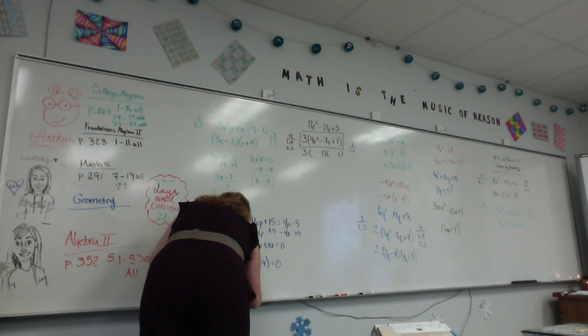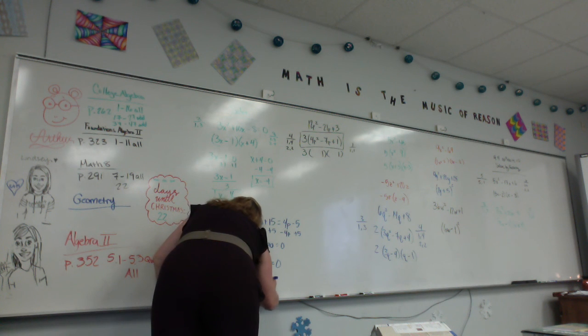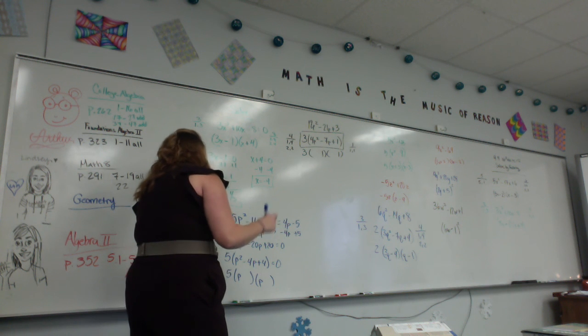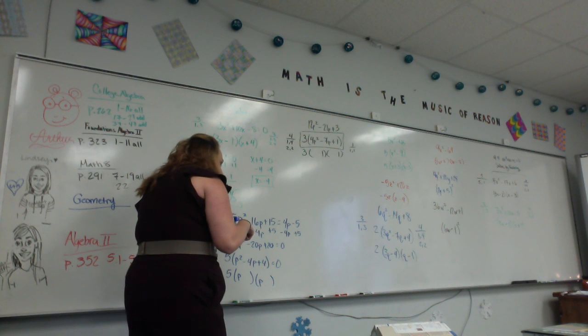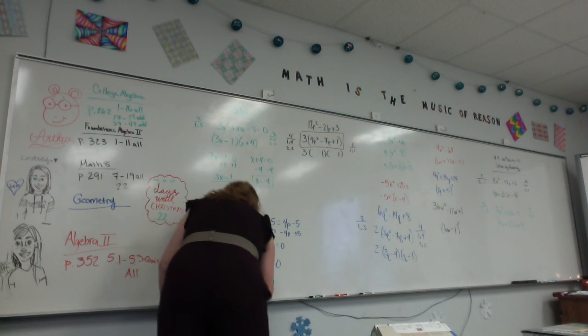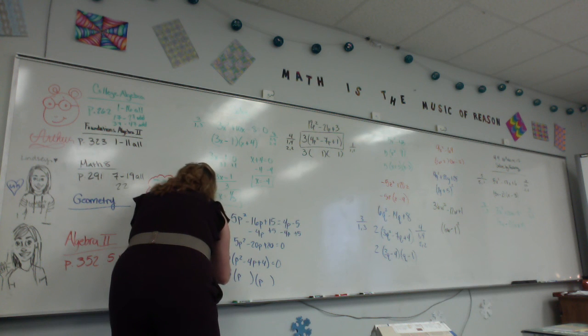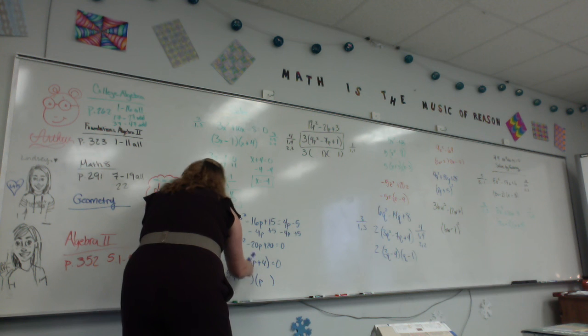So I have 5, and I have p, and I have p, because this one's easier. What multiplies to give me 4 and adds to give me negative 4? Negative 1, negative 1, negative 4? Nope. If I have negative 1, negative 4, then I have a negative 5.